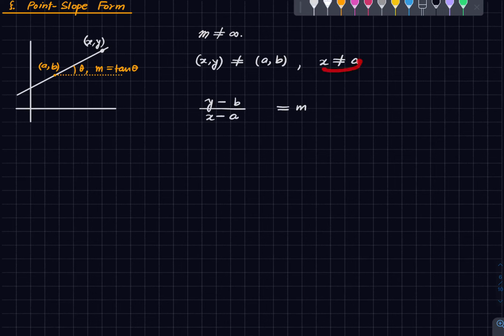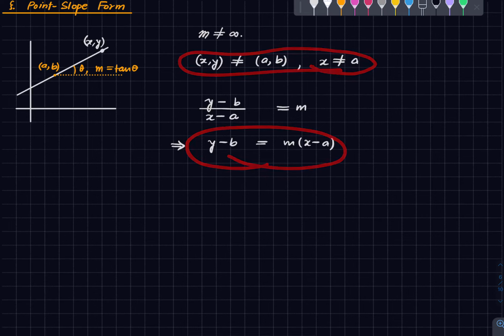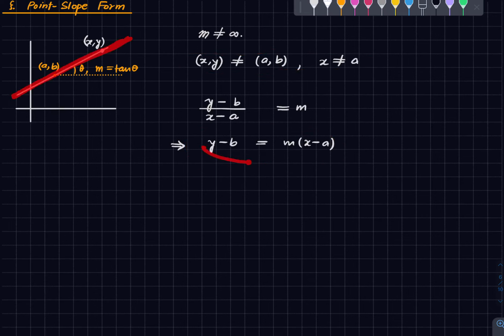So x not equal to a already covers this, so we don't even need to write that. So we get y minus b equals m times (x minus a), and this is your point slope form. As it happened in the previous case, even if you drop this assumption, this is still satisfied, and therefore whenever (x, y) is a point lying on this line, this must be satisfied, and the converse is an exercise. So this is the equation for the point slope form.